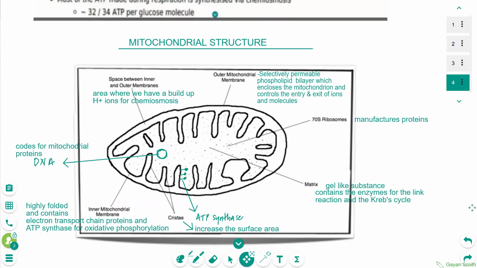Yeah, so you have to know how to annotate a diagram of the mitochondria, which we just did. The other thing to look at is how is this mitochondria adapted for its function?